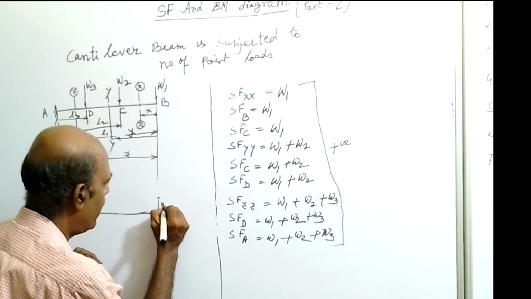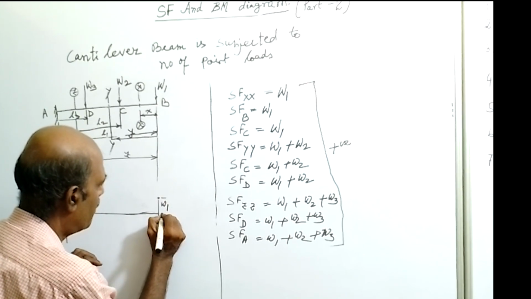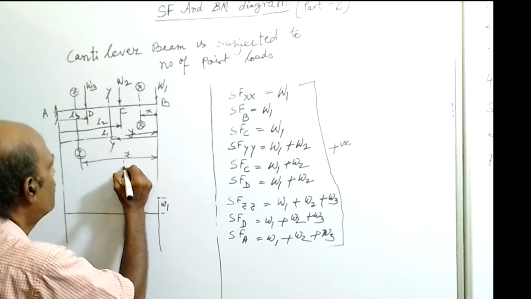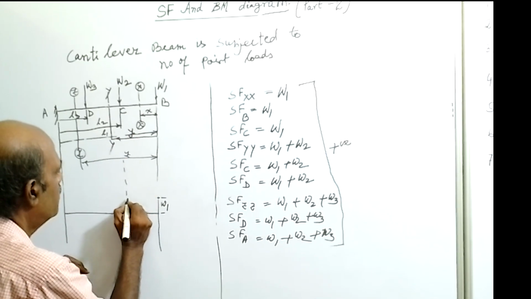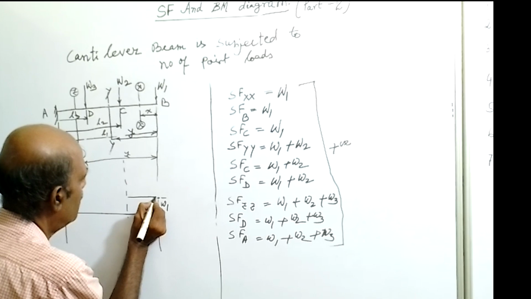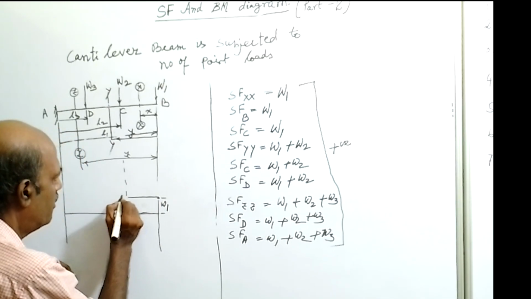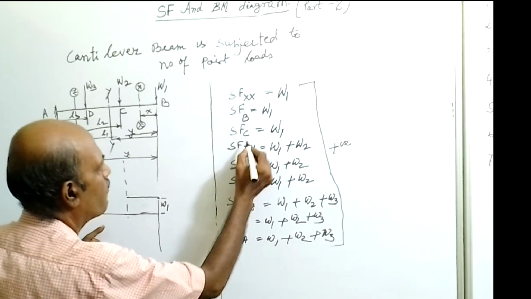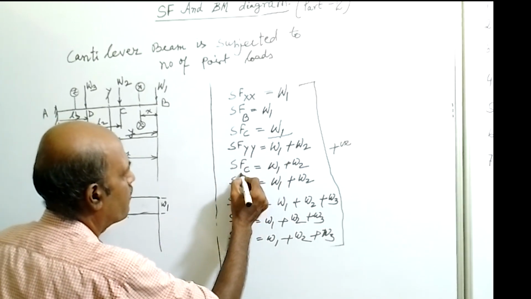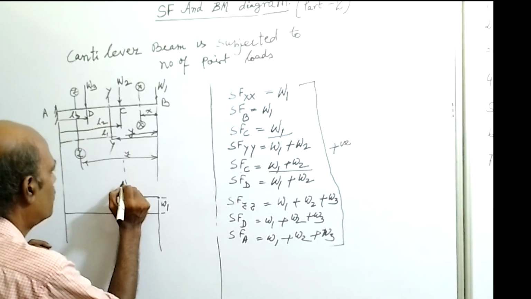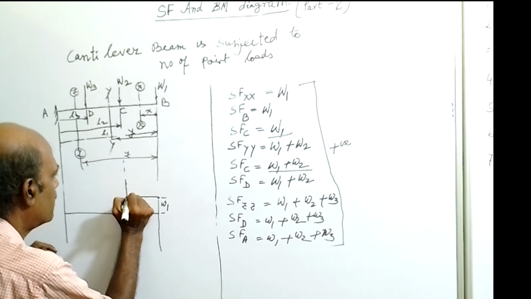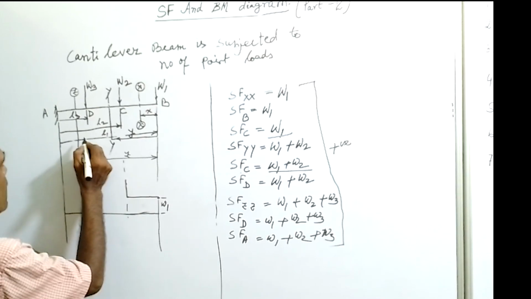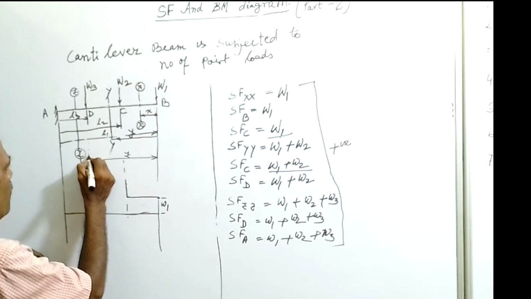We are marking this height as W1, and this will remain constant up to point C. Now you can see at point C it is W1, and again at point C it is W1 plus W2. So at this point the shear force will vary, and that will remain constant up to point D.